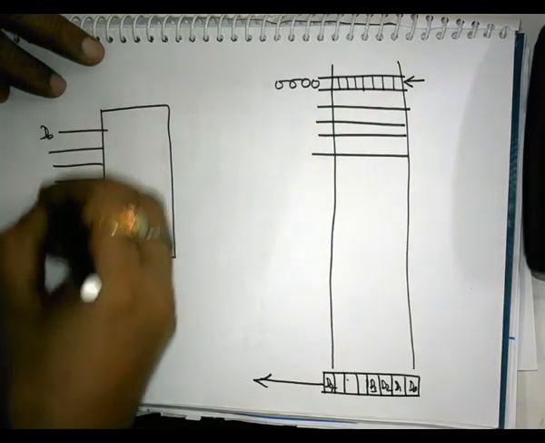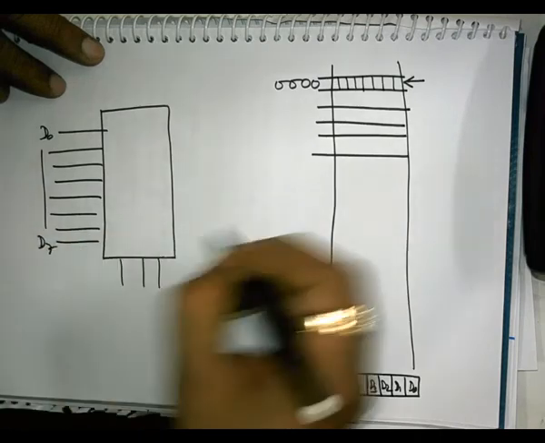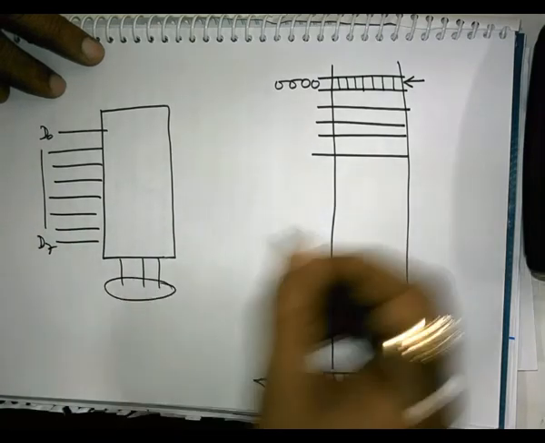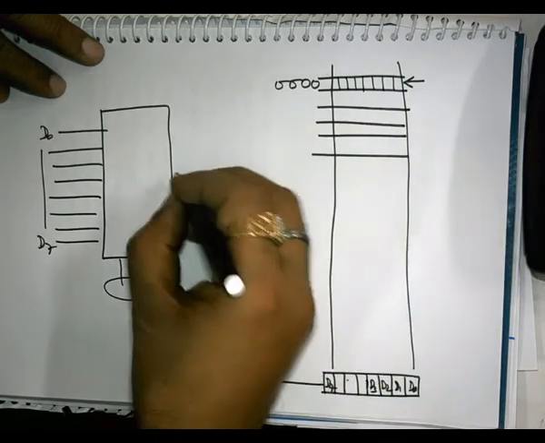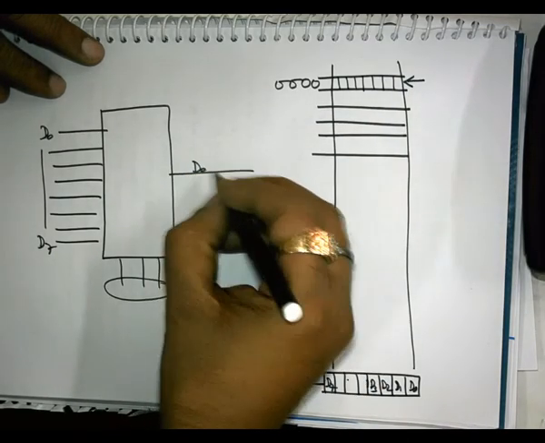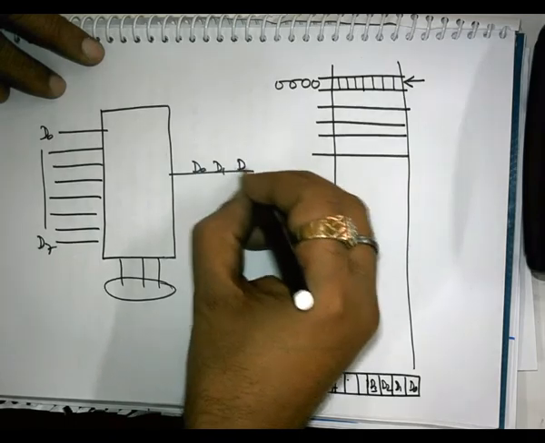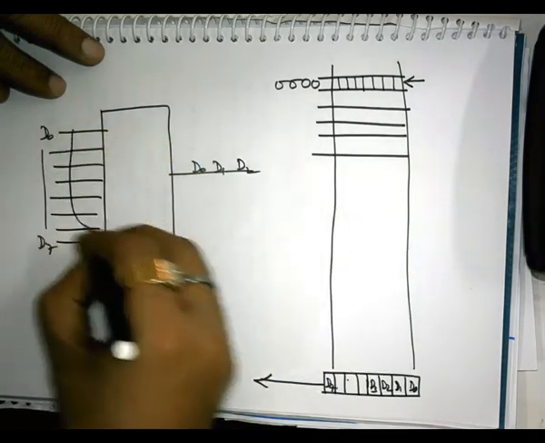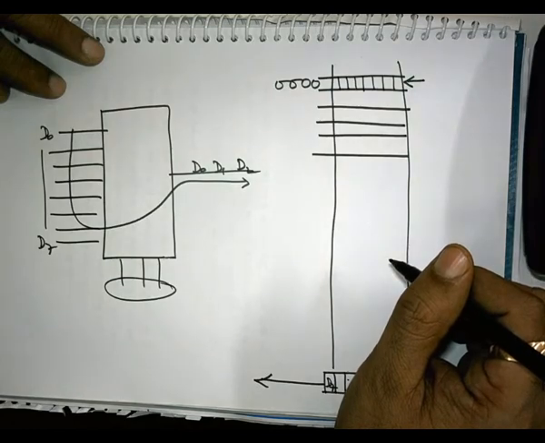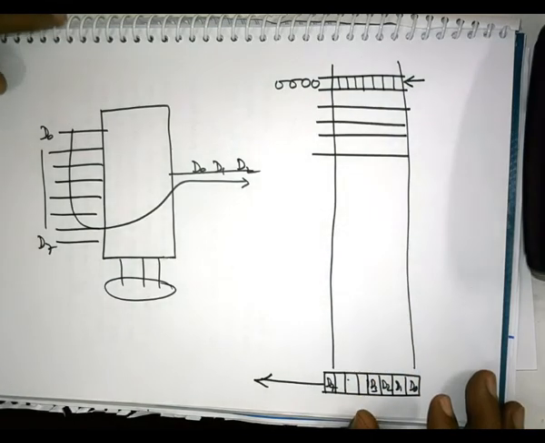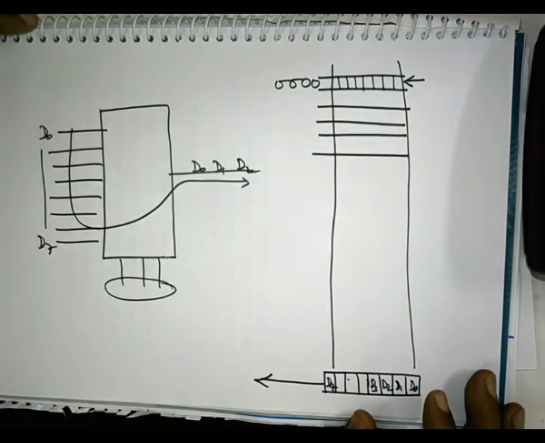If you are applying D0 up to D7 at the input of the mux, and you have simply applied a counter output over here, what will appear at the output first? D0, then D1, then D2. This means this data is now serially coming at the output. So this way you can convert parallel data into serial data.